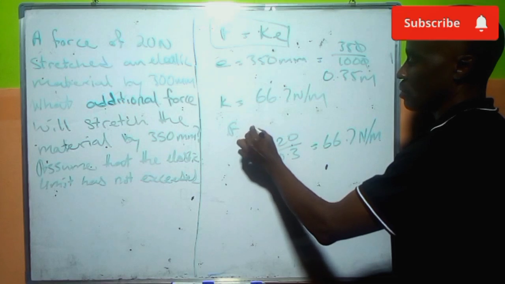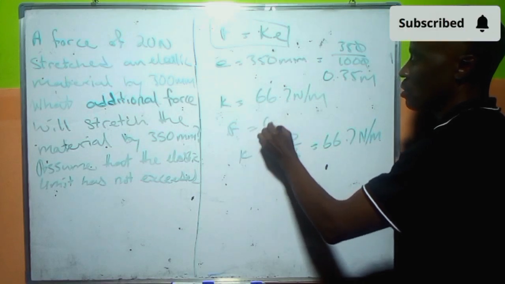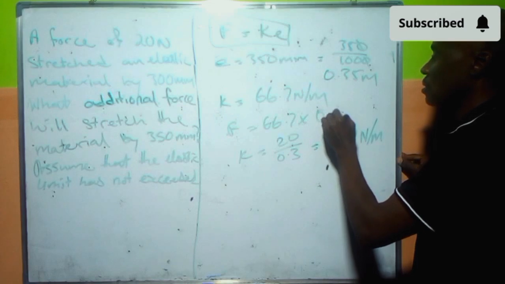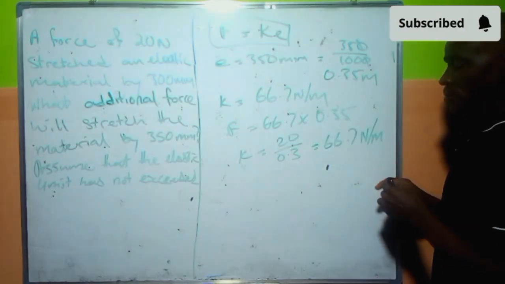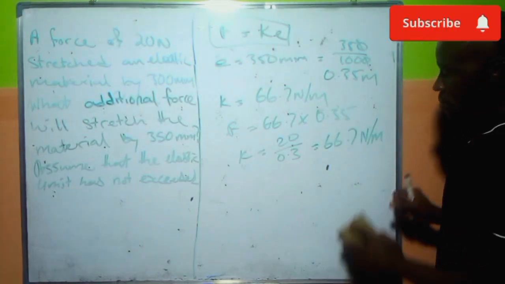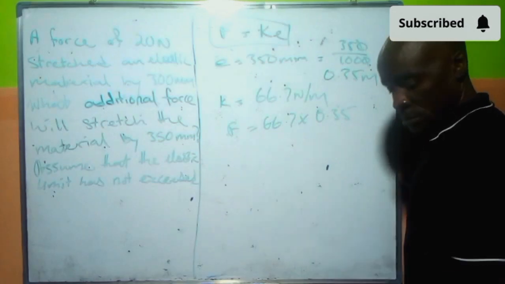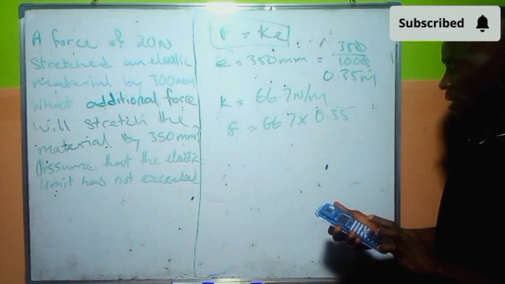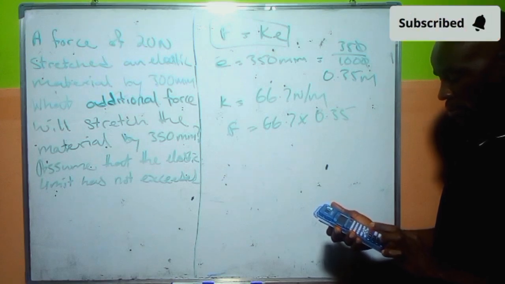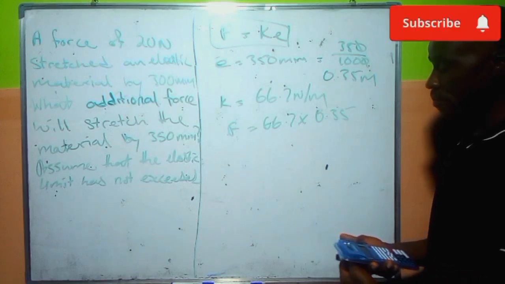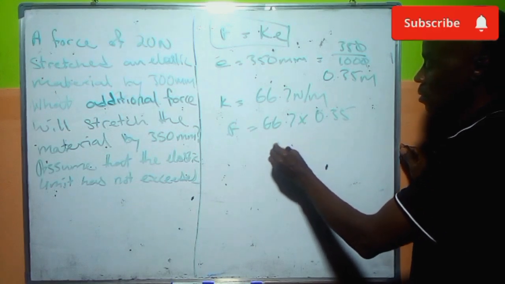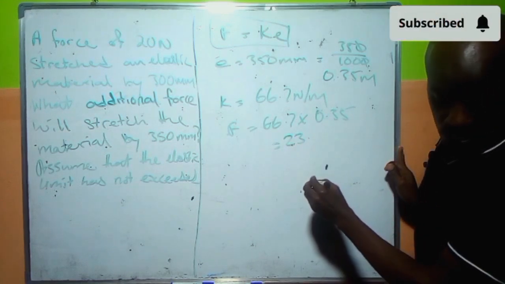Then force will be equal to 66.7 times 0.35. When we multiply through, we have approximately 23.3.